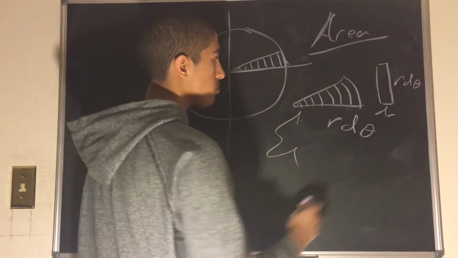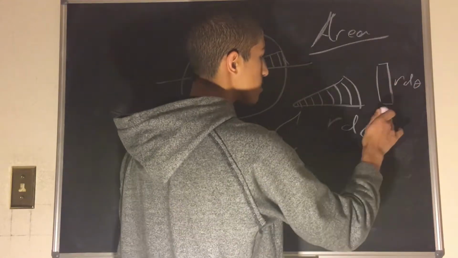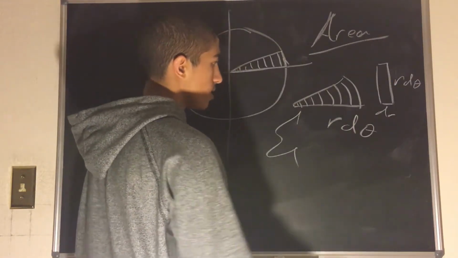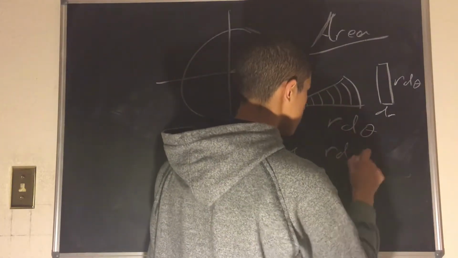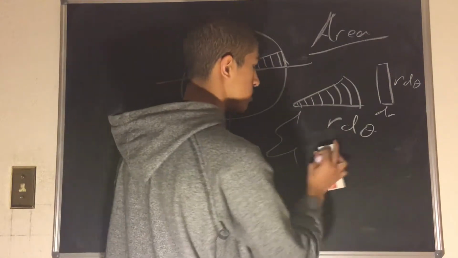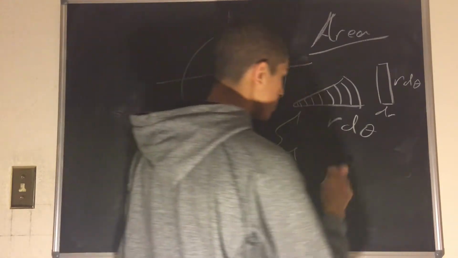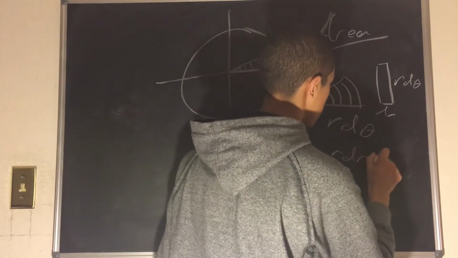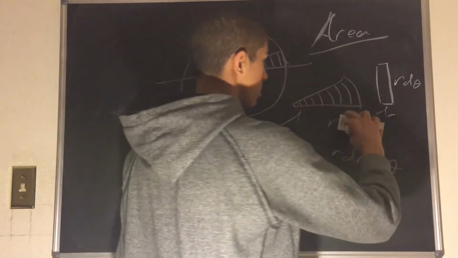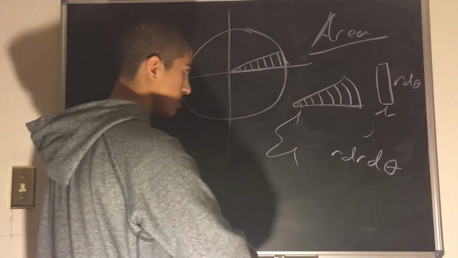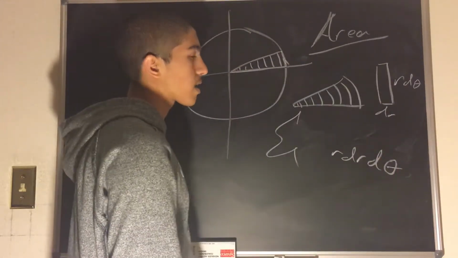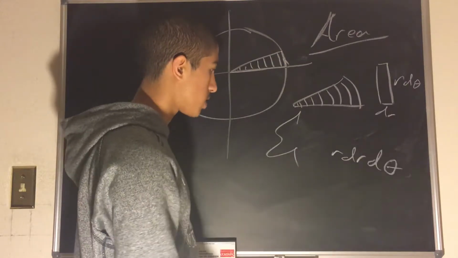So when we multiply r d theta times dr to find the area of this rectangle, then we have r d theta dr, or if written in proper order, r dr d theta. And that is the area of any single arc enclosed in our infinitesimally small sector.